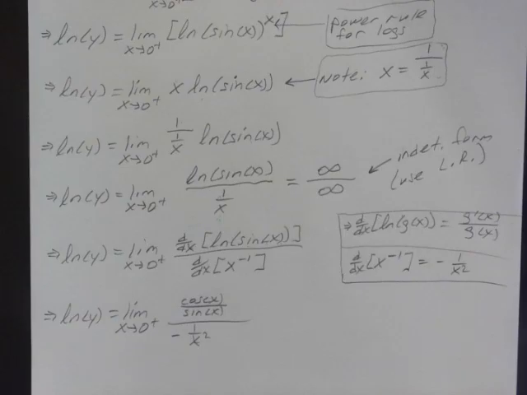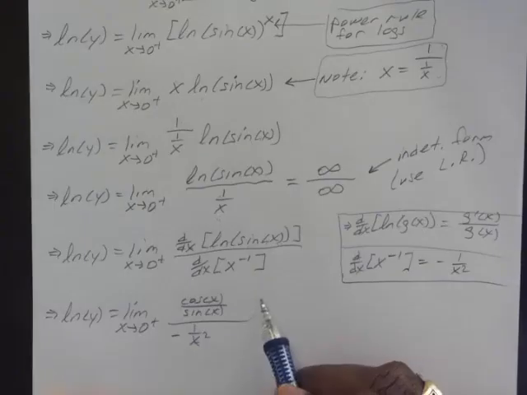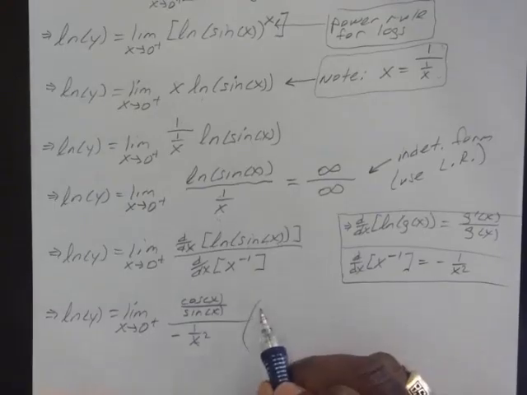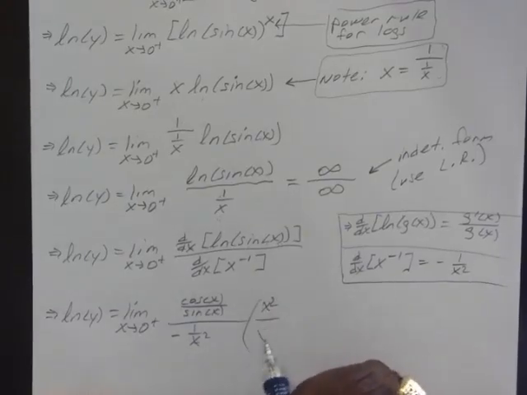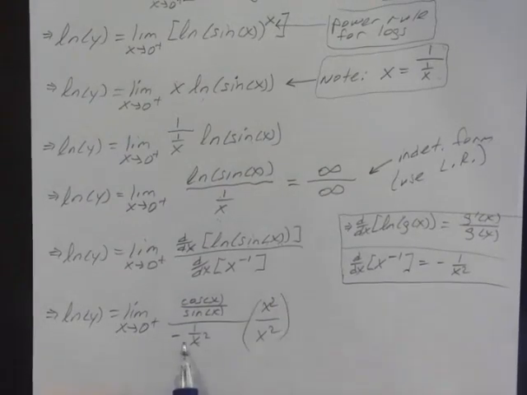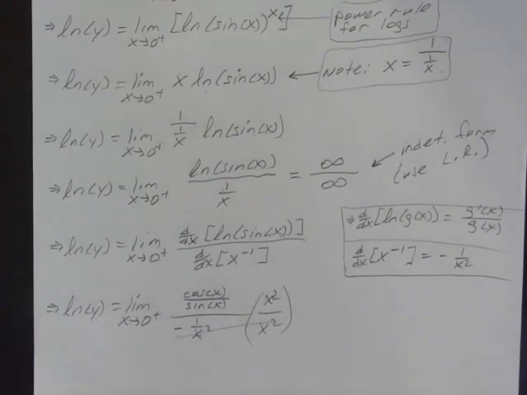And just to simplify this one, we're going to multiply it by x squared over x squared, just to simplify that denominator.